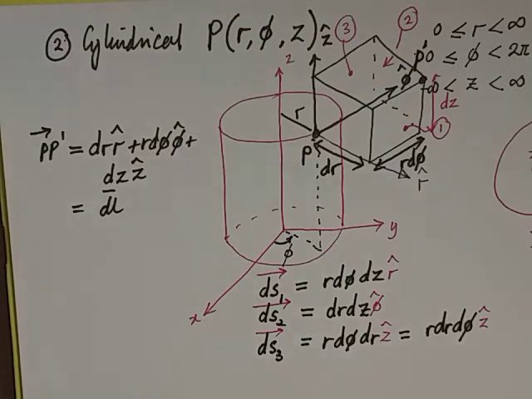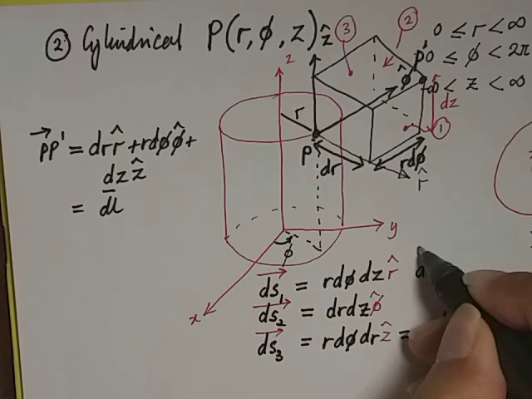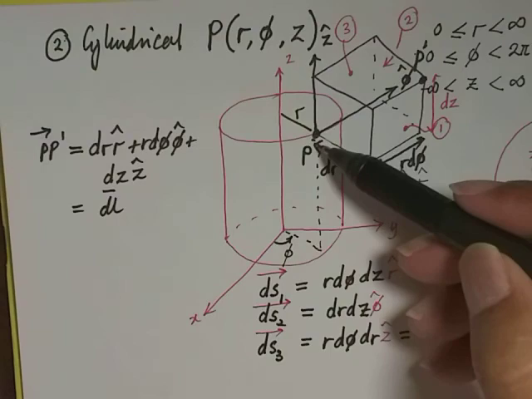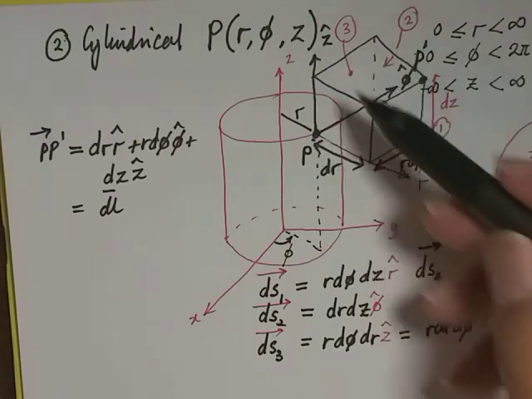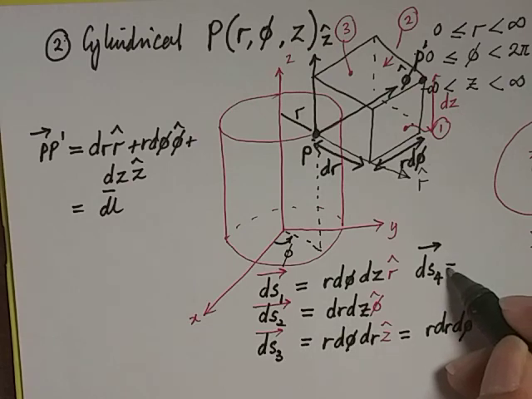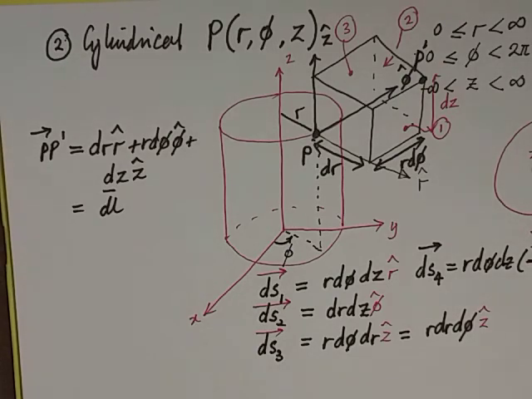Similarly, if you want to define ds number 4, we know ds number 4 is opposite to area number 1, so we have the same magnitude, but the direction is now opposing the positive r. So what we have now is r d phi dz, but in the negative r direction. Hope you're clear with that.